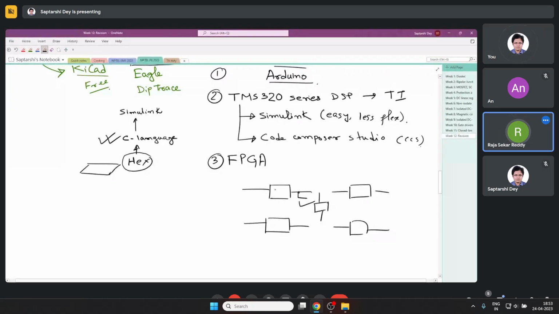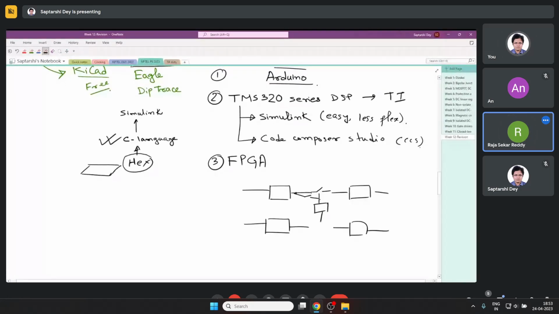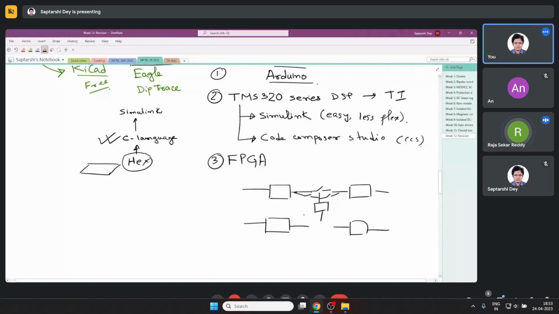Between these two there is a switch, between these two there is a switch, in this fashion. So when you are coding this, basically you are coding these switches, which one to turn on, which one to turn off.